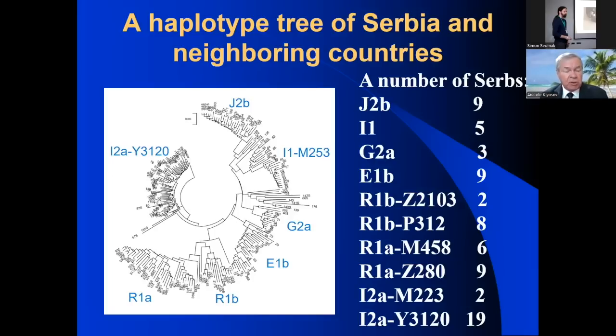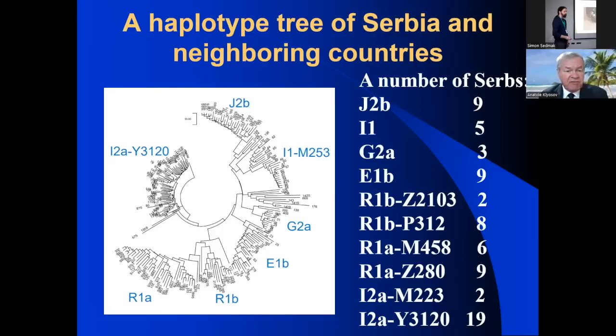One major kind, Y3120, is in former Yugoslavia mainly, which is Serbia, Croatia, Bosnia and other countries. So it is easy to call them Southern Slavs or Danube Slavs; it doesn't go into Central and Western Europe. It concentrates mainly in southeastern Europe.